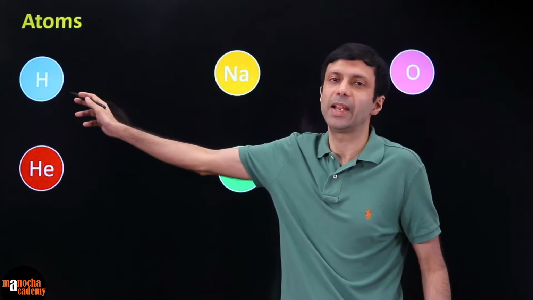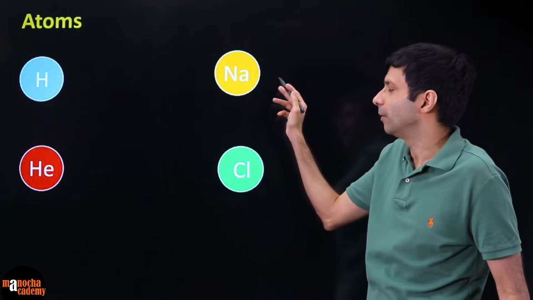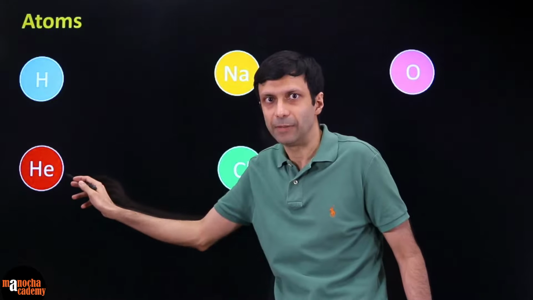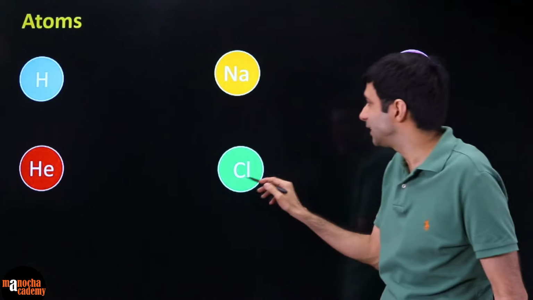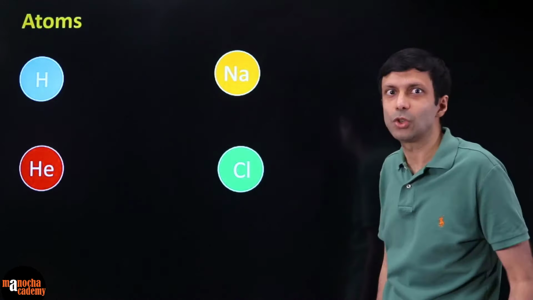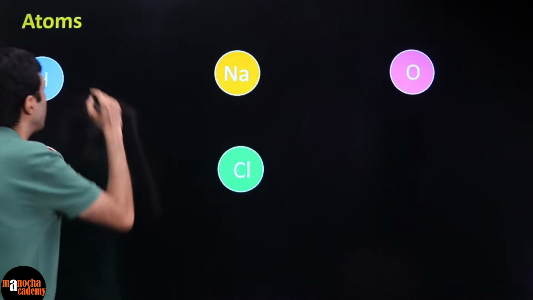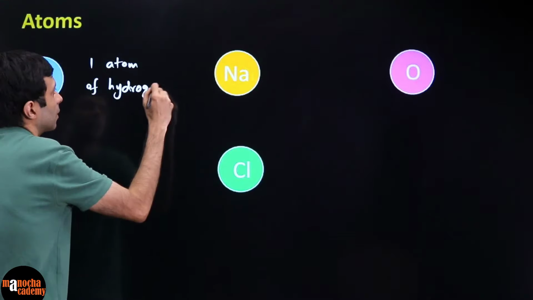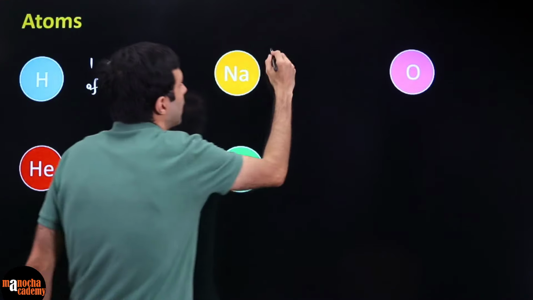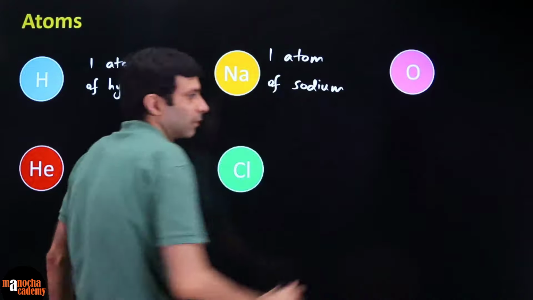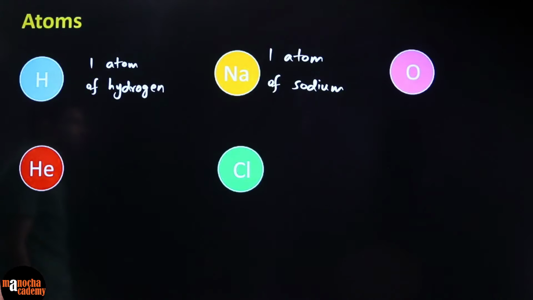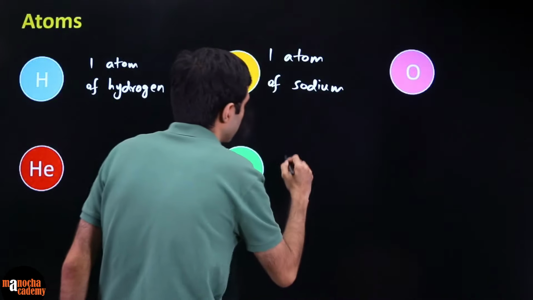Hydrogen is just H. Sodium is Na. Helium is He. Chlorine is Cl. Oxygen is O. So what we are really representing here is one atom of hydrogen. Similarly here, one atom of sodium, and so on. And there's one atom of chlorine gas.